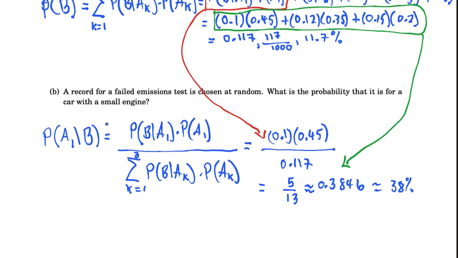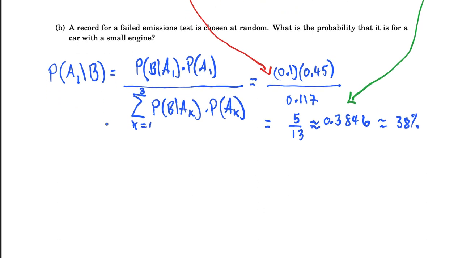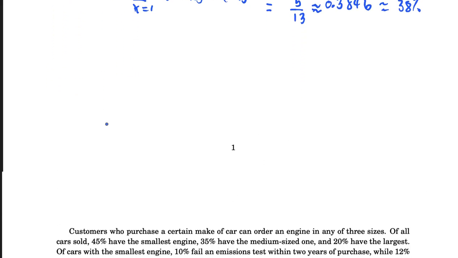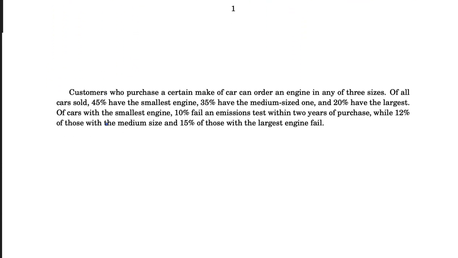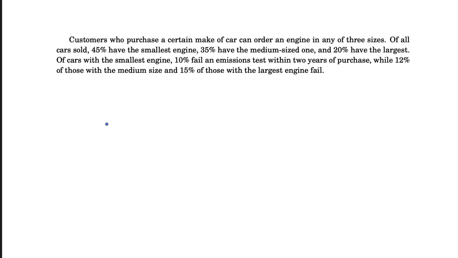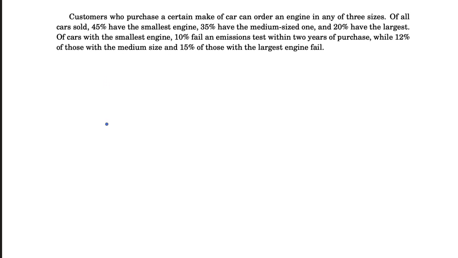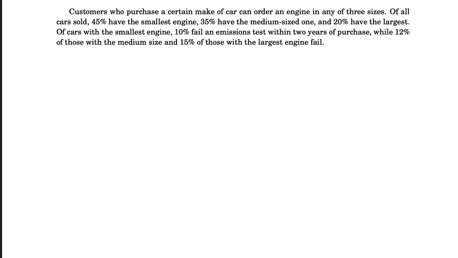So what I've done, I've copied the question again. Here it is. And I'm going to show you how we can set this up in the form of what we're going to call a tree diagram. And many of you have seen tree diagrams before. And it turns out they're very, very useful in questions like this.